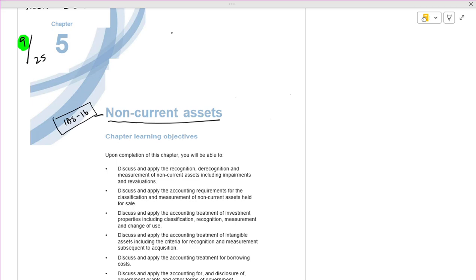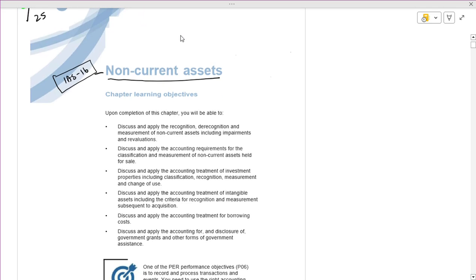Now we will go through the nitty-gritty things involved in IAS 16 non-current assets. We have very specifically six points.